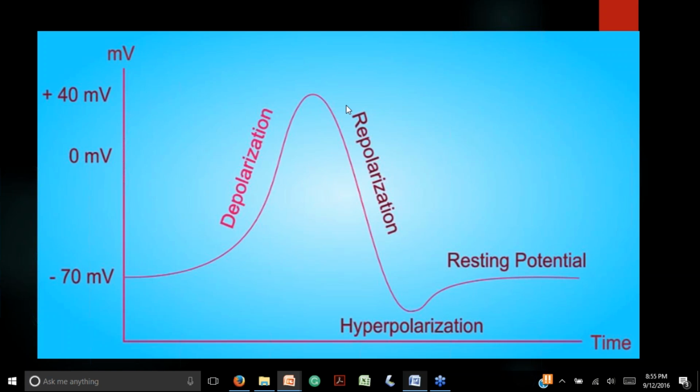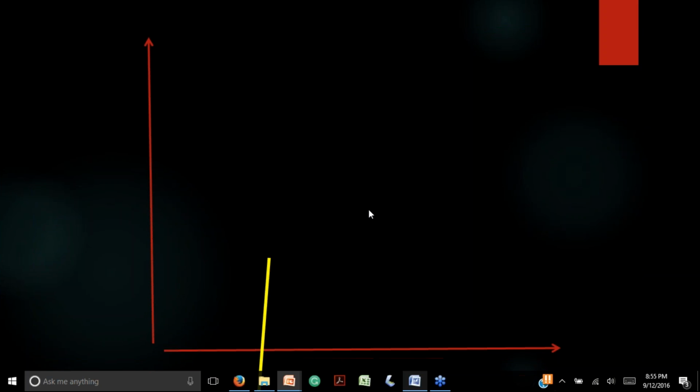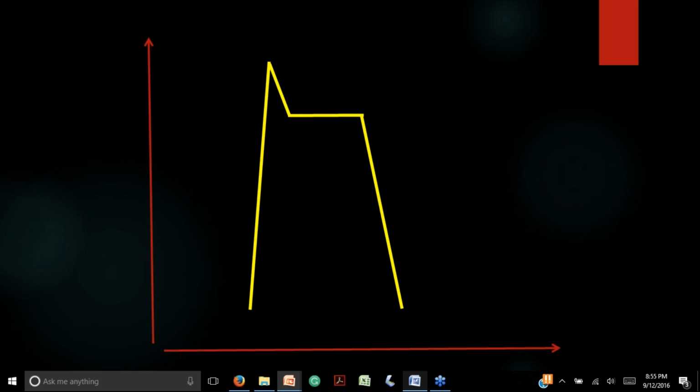And the repolarization is the diastole in the case of the heart and the relaxation of the muscle. In the nerve it is going to be the resting potential, the repolarization of the nerve cell. Just to remember this is going to help us to remember what is happening in this action potential. All this is action potential.